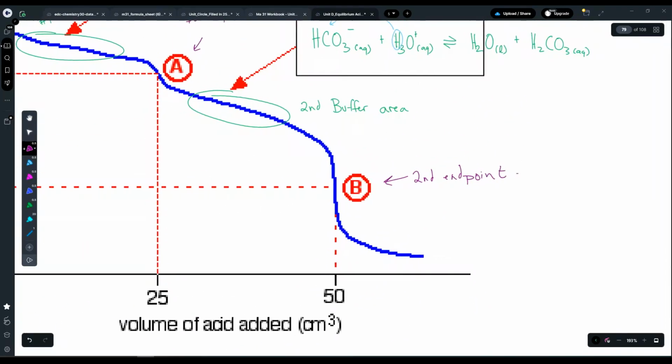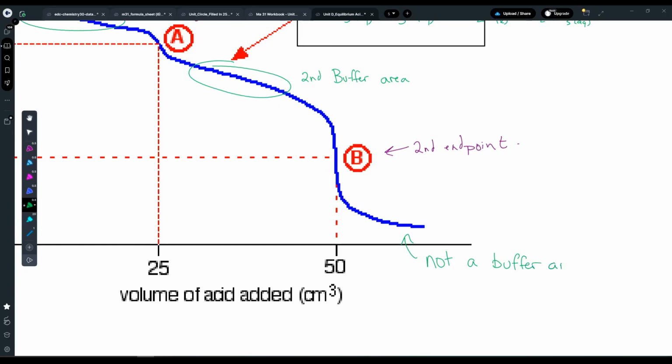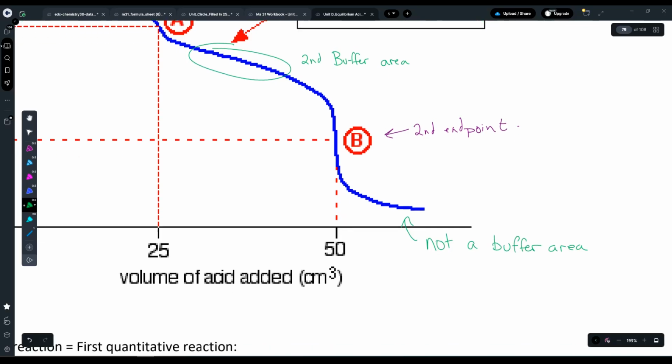And then just remember that this last plateau here is not a buffering area. Keep in mind though, an equilibrium can happen. We're just not going to write it out, and it's not a buffer area.